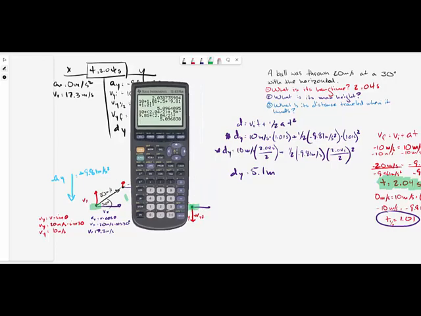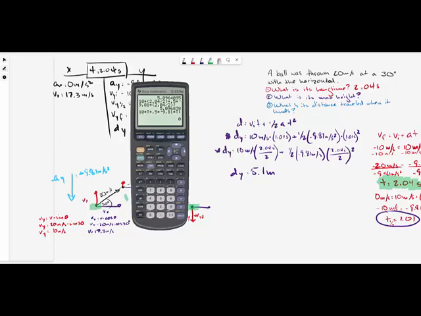Let's find out. 10 times, we stored this as t if you recall, so I'm just going to throw t in there, plus 0.5 times negative 9.81 times, again we stored this thing as t, squared. 0.